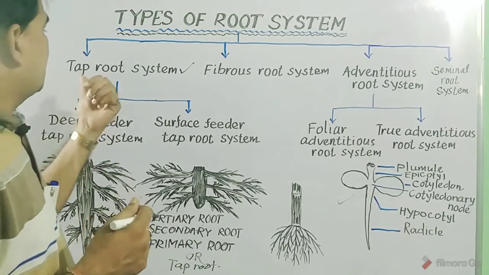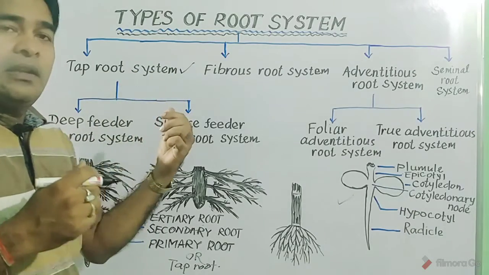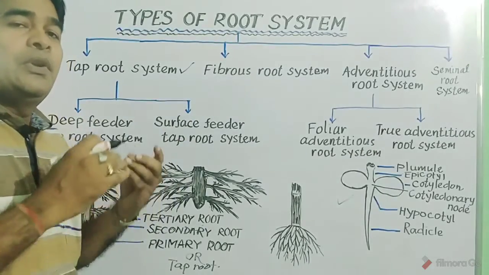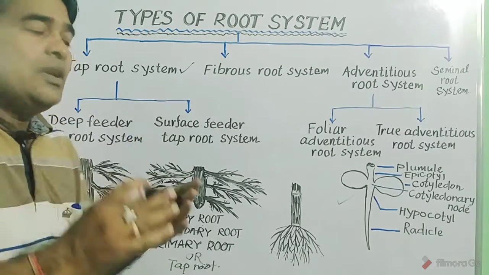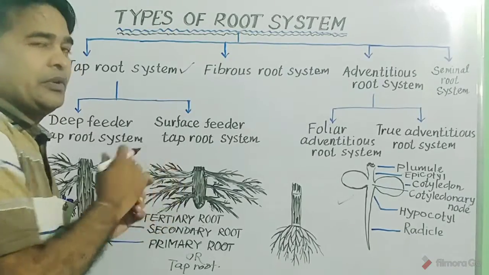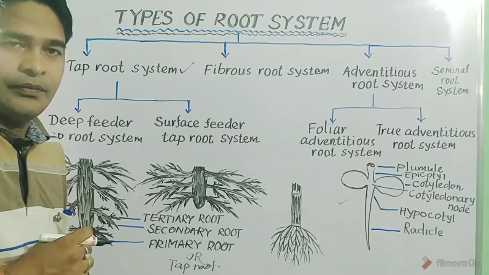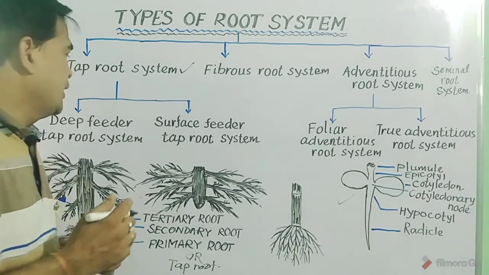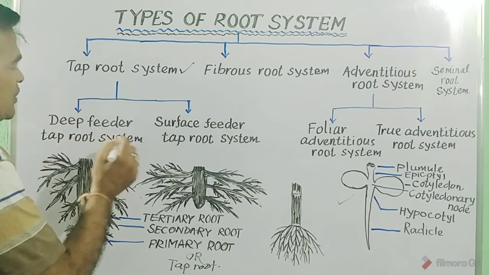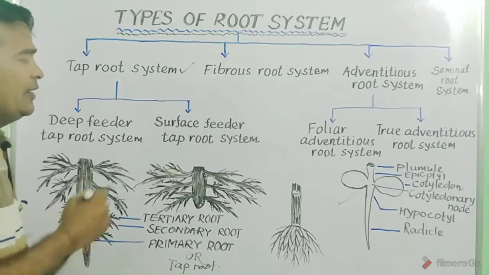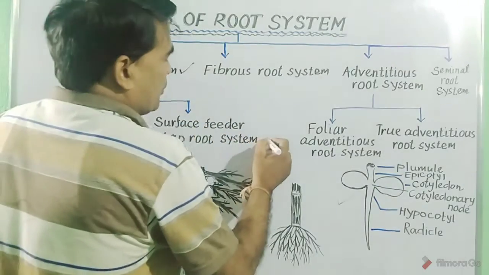Again, this taproot system is divided into two types on the basis of the length of the primary root or taproot. Those are deep feeder taproot system and surface feeder taproot system.